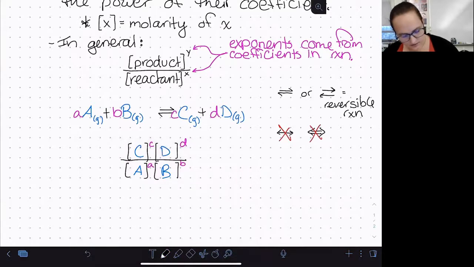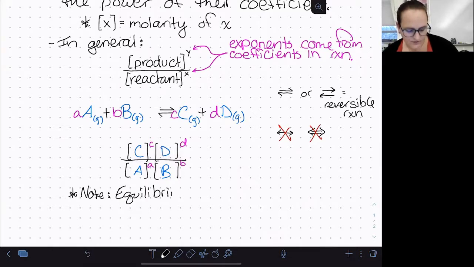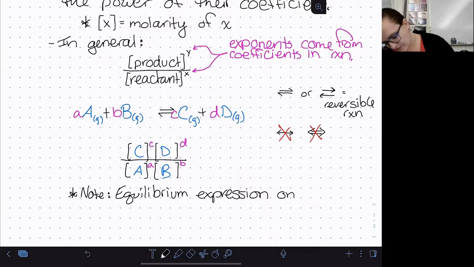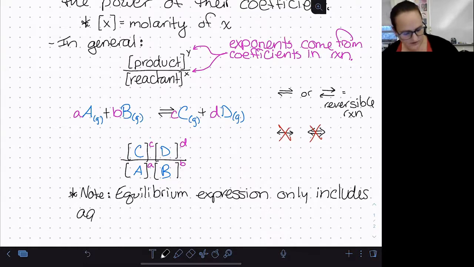Another thing to note is that the equilibrium expression only includes aqueous species and gases. So you have to pay attention to your states of matter.